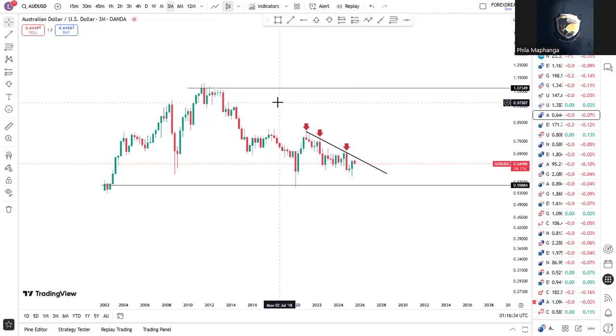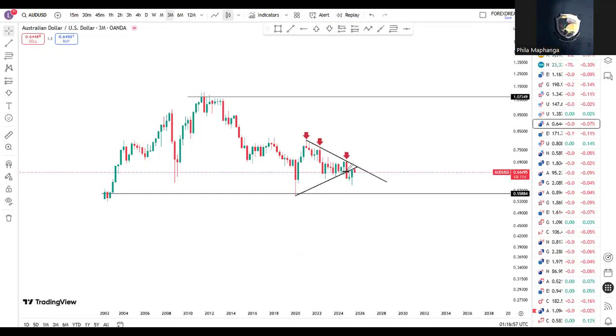So now, you notice that the market went down. We are on 3 months chart right now. What is it we get on 3 months? We get that the market went all the way down. The next thing, they came back to test this trend line that was broken here.